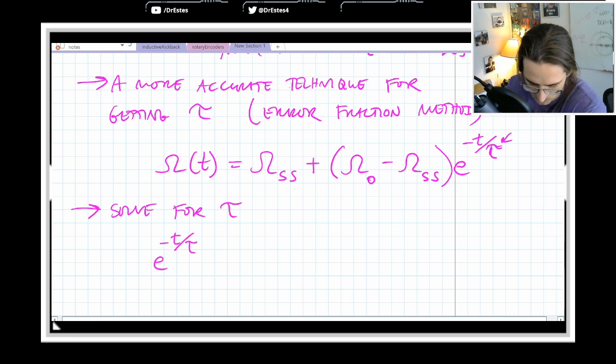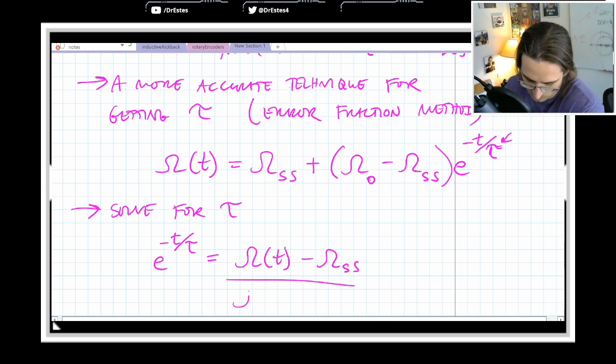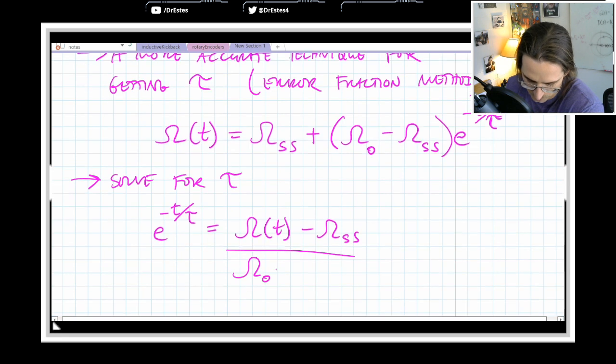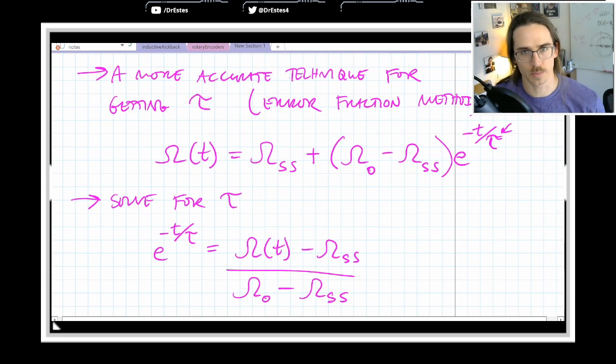E to the minus t over tau. That would be the angular velocity as a function of time, you subtract this steady state value, and then we have to divide by our initial angular velocity minus our steady state. So all I did was isolate this exponential term.